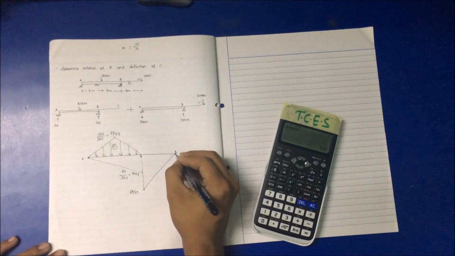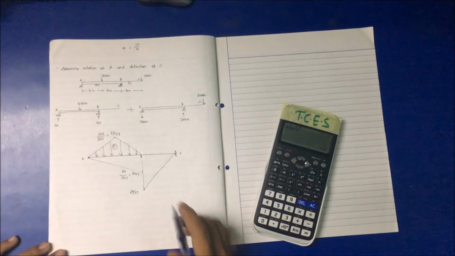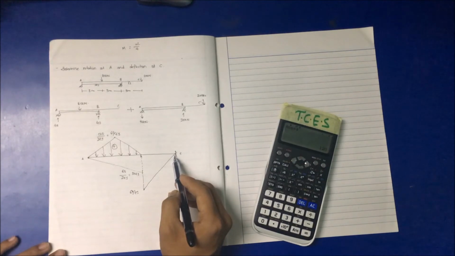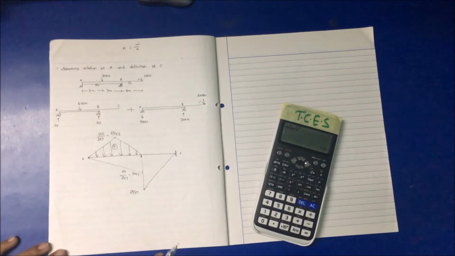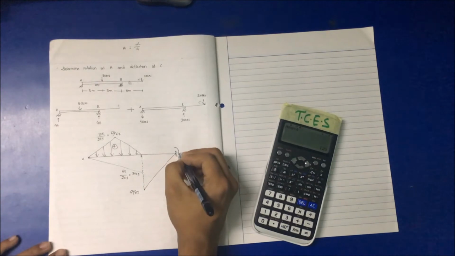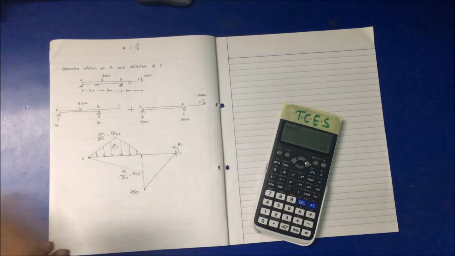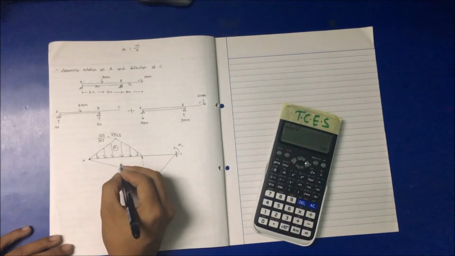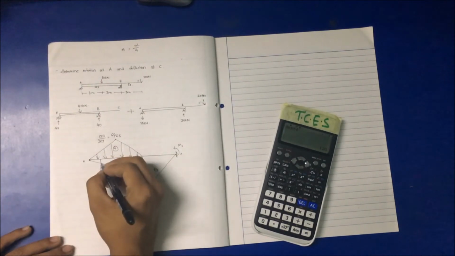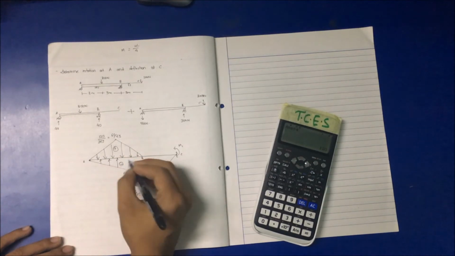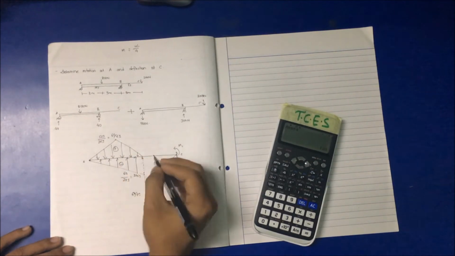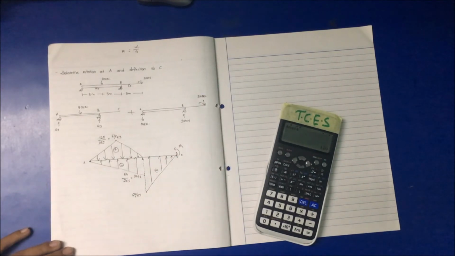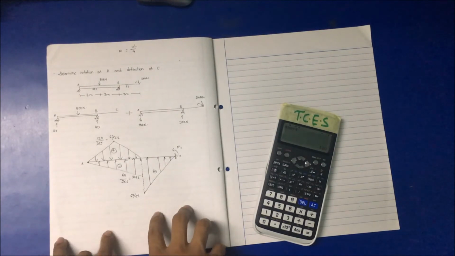And in case of the conjugate beam, the free end will be converted into a fixed support. So let us consider the moment to be MC, okay. Now this is negative, so the force will be acting vertically upward. So this is the conjugate beam with M by EI loading, okay.